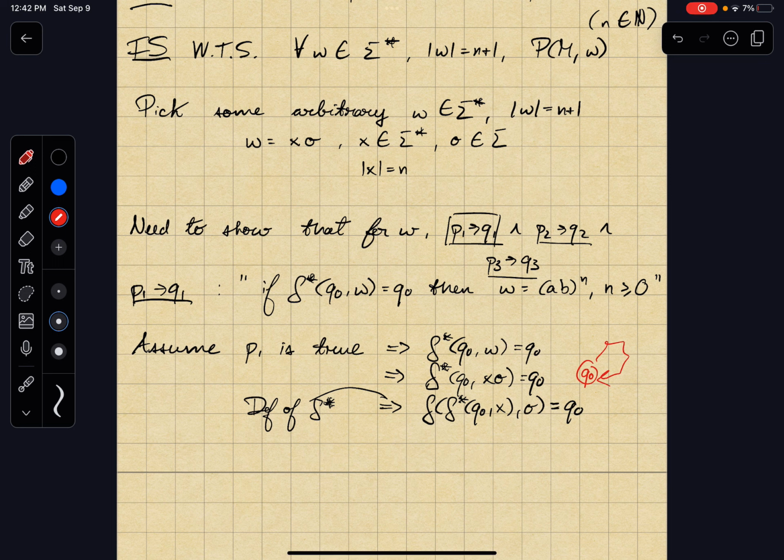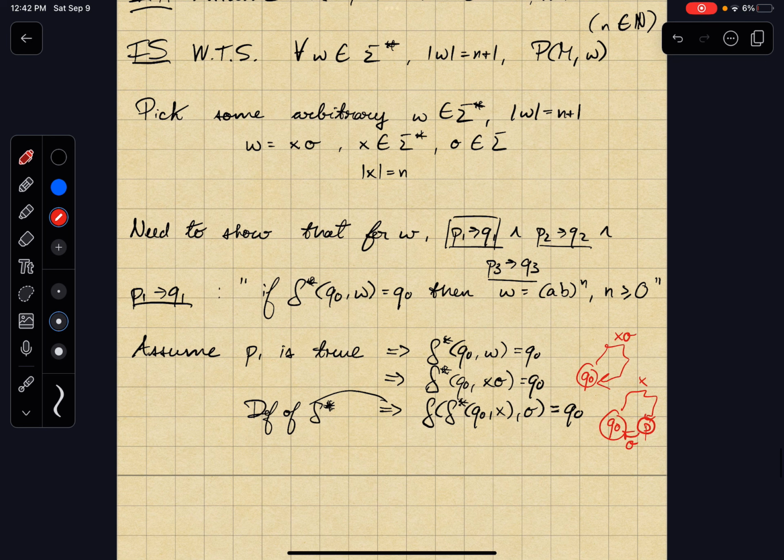In this case, the string was x sigma, and you ended back in Q0. But you can also write this as: you start in Q0, you read some string x, then you end up in some intermediate state p, and then from that intermediate state p, you read sigma. So you either read the whole string directly, or you read it piece by piece: first as x, and then as sigma.